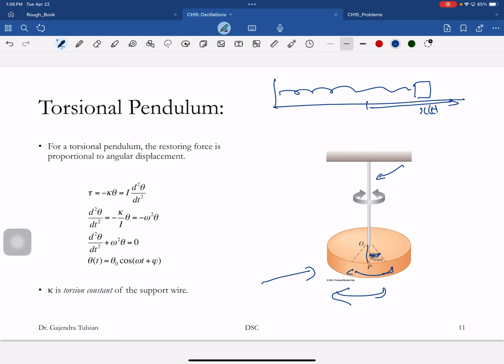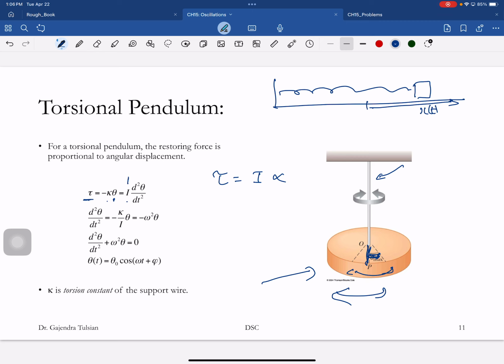This is the equilibrium position and the angle from the equilibrium position. The restoring torque again is proportional to the displacement. And torque is I times alpha. This is again Newton's second law, and we're applying that.